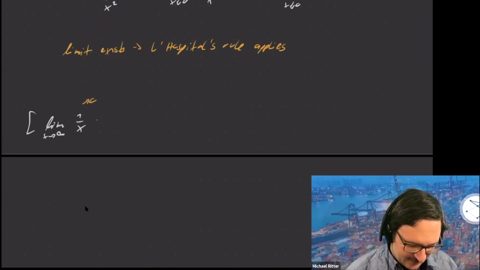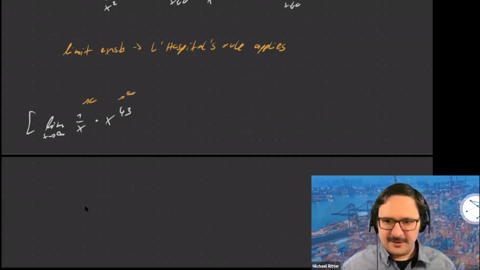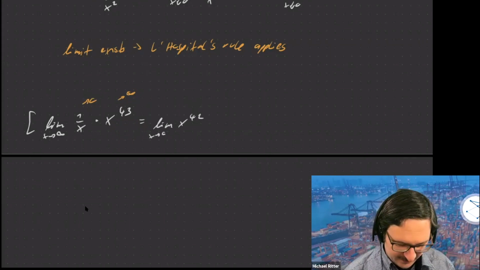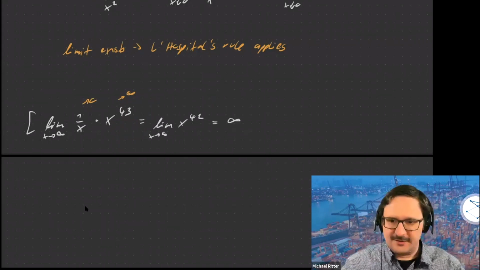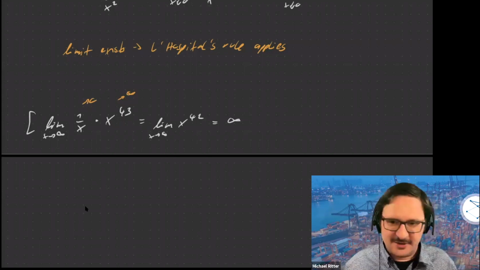And then let's multiply that by x to the power of 43, which tends to infinity. And I hope you'll all agree that this is actually the same thing as x to the power of 42, which tends to infinity. So that is not 0. It's very far away from 0. So basically what I'm trying to say is in a situation like that, anything can happen.